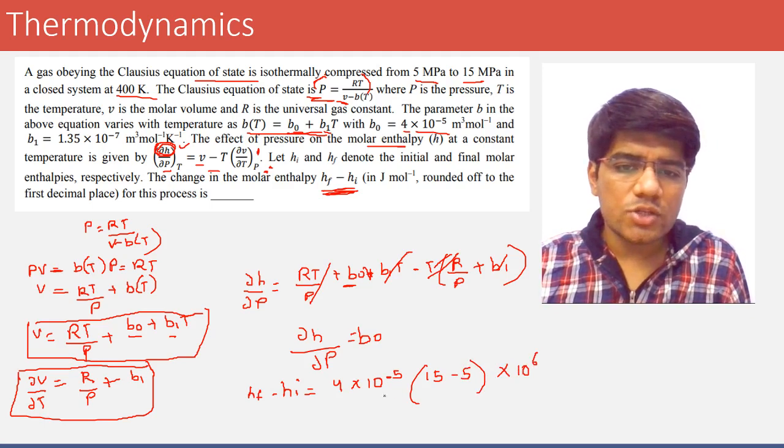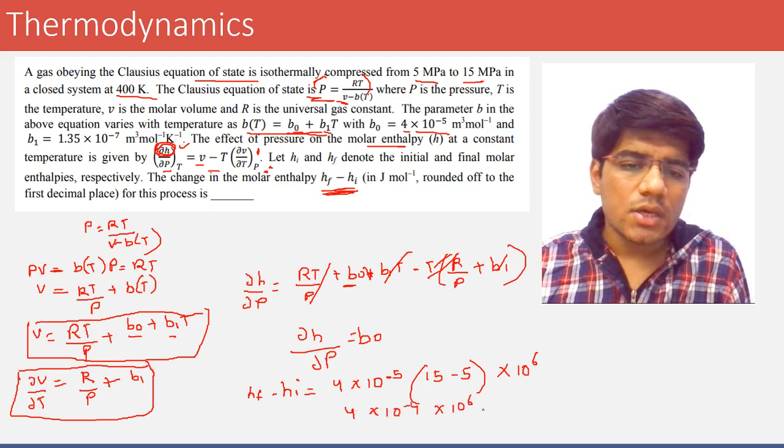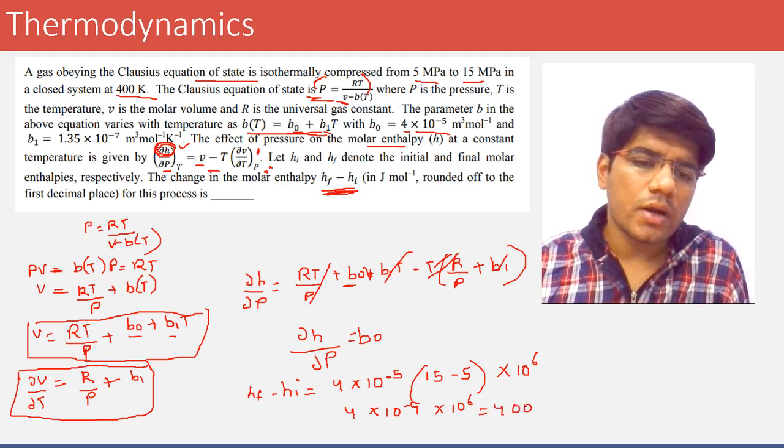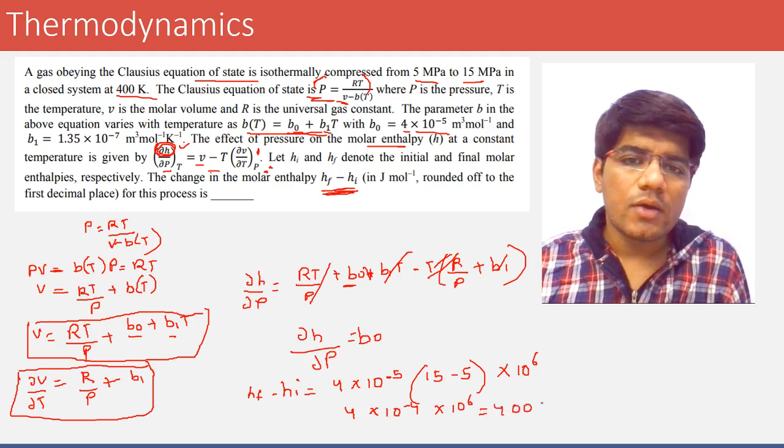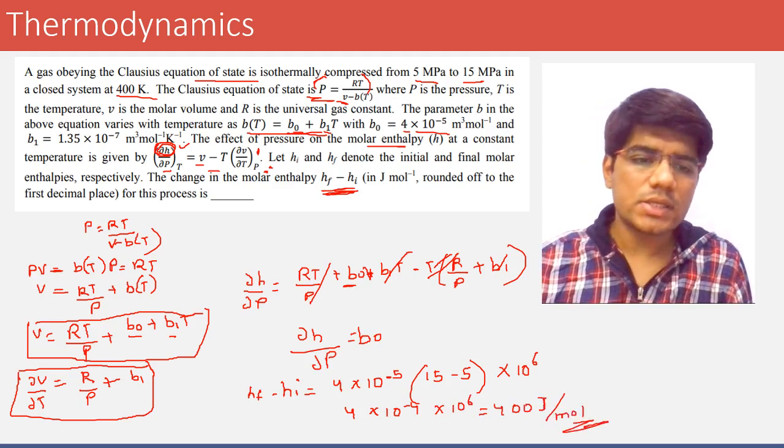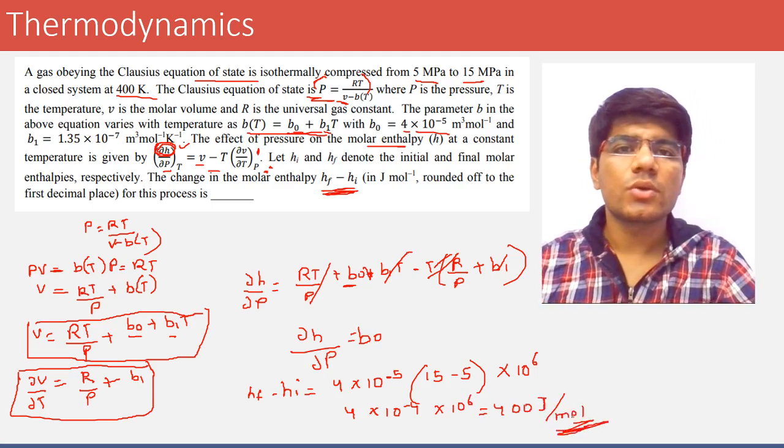So 10 into 10 raised to power 6. So this will come out as 4 into 10 raised to power minus 5 into 10 into 10 raised to power 6, equal to 400. So 400 joule per mole. So this is the final answer for this question.